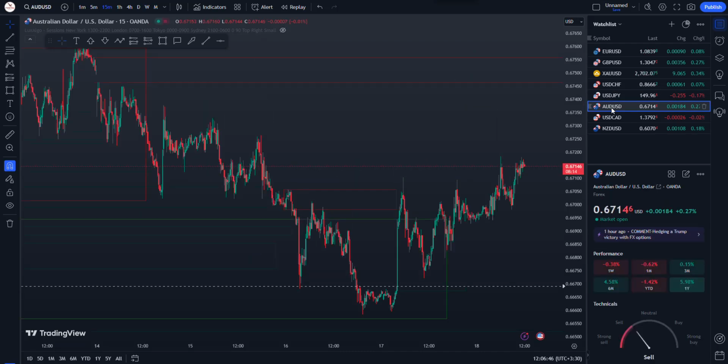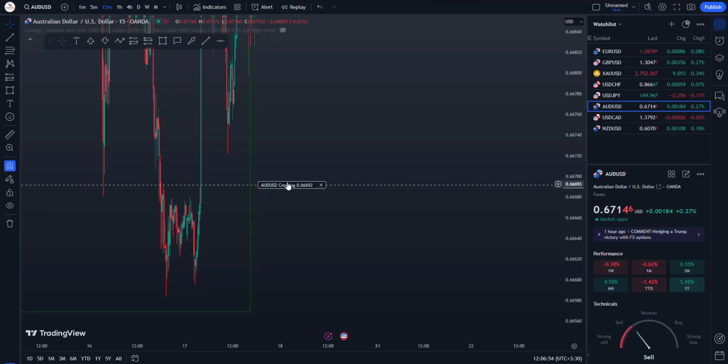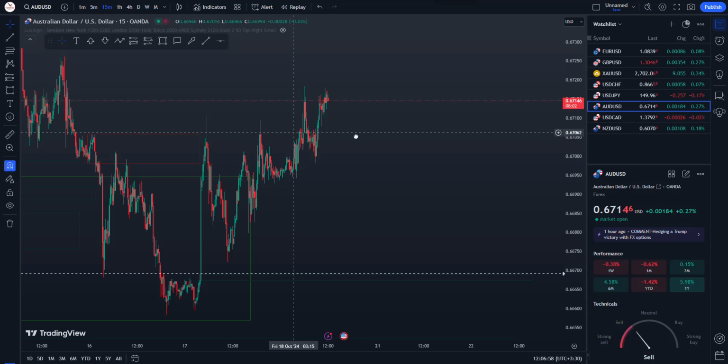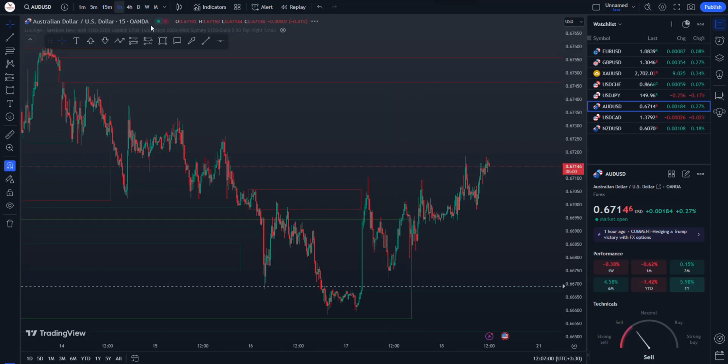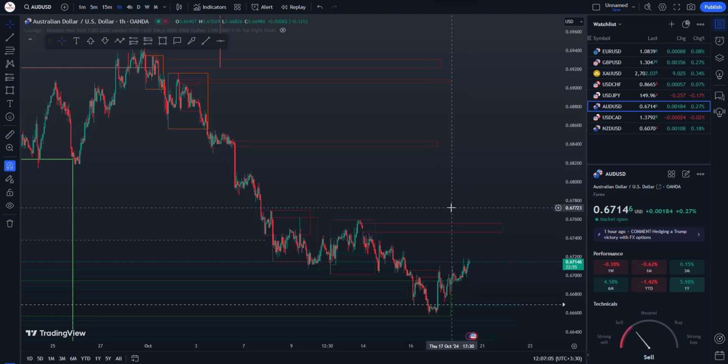So let's see ASI. In ASI we can see this is not touched, price doesn't go back to the true level for making some long opportunity for us.